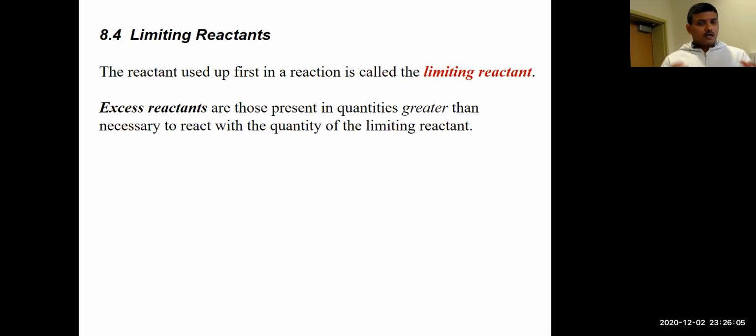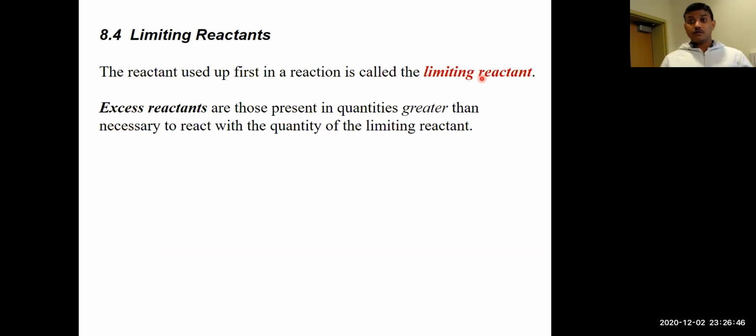So just before you start doing what we did in the previous section, converting grams to moles and moles to moles and grams and call it a day, here you need to first identify which one of the given reactant masses are actually limiting reactant masses, which one is excess reactant masses, because only the limiting reactant would be responsible for how much of the maximum product a reaction can produce, because limiting reactant by definition is the one that is used up in the chemical reaction first.